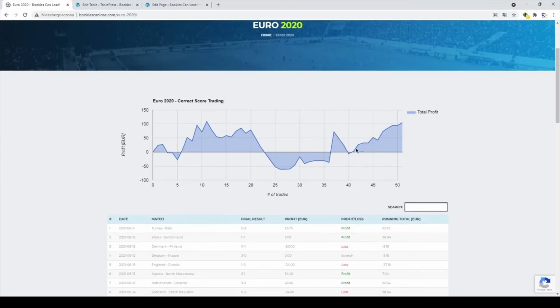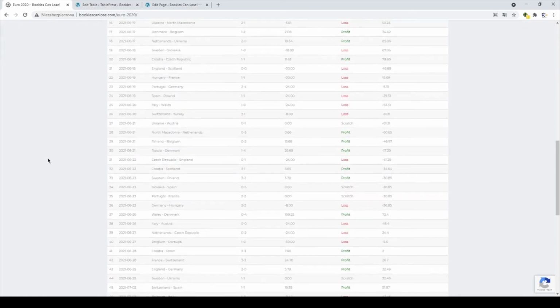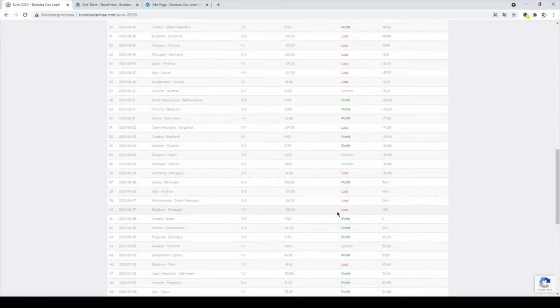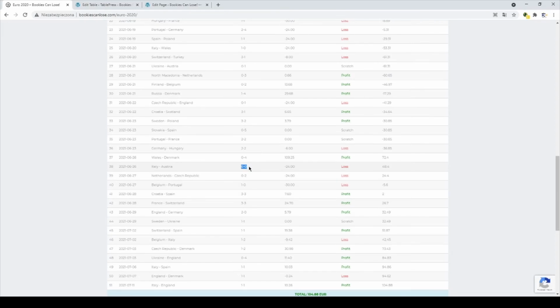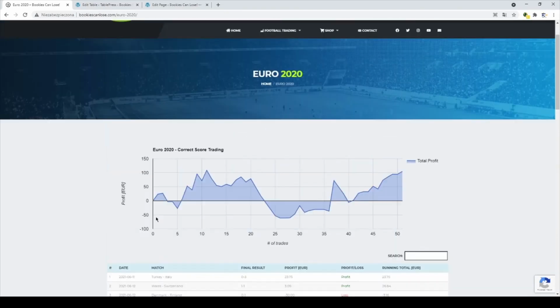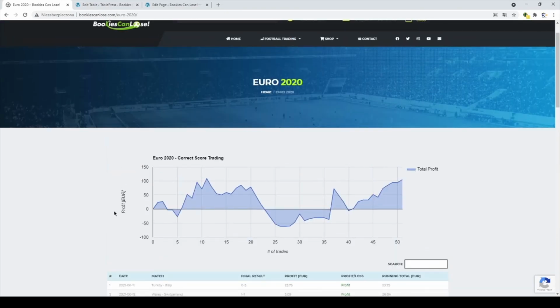We can see there was a drop between trade number 37 and 40. Here we had 3 losses in a row again: 0-0, 1-0 Belgium-Portugal, where you would expect way more goals, and Czech Republic defeating Netherlands, a shock for everyone. Netherlands got the red card. These things happen in every league, in every tournament.